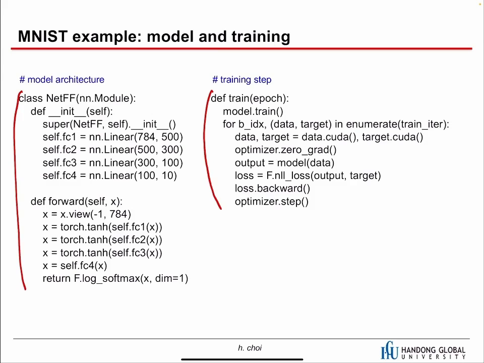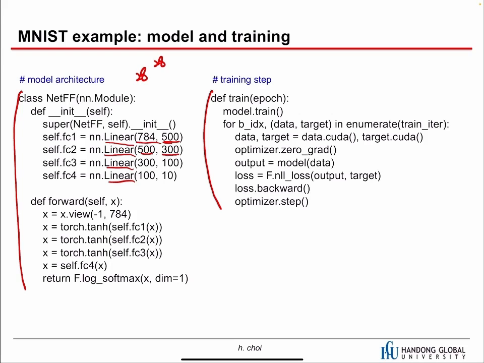In the neural network architecture, we have a couple of linear layers, and the size of an MNIST image is 28 by 28. So the input is 784, and we use 500 hidden nodes for the first hidden layer and 300 nodes in the second hidden layer.